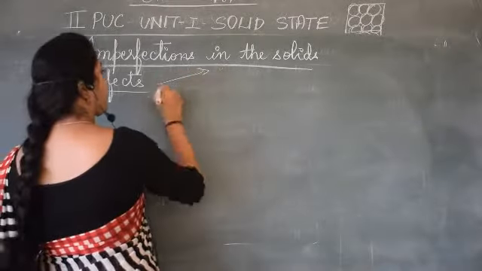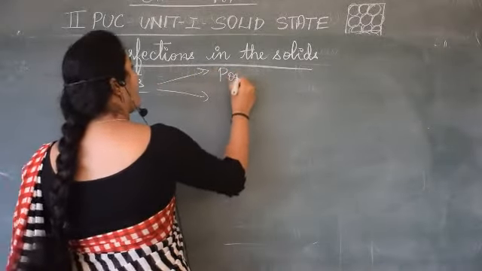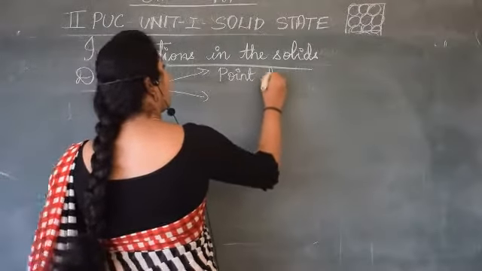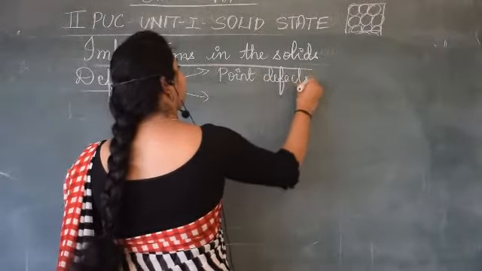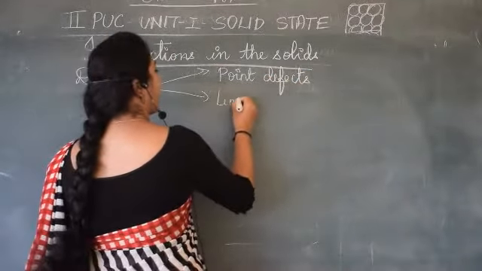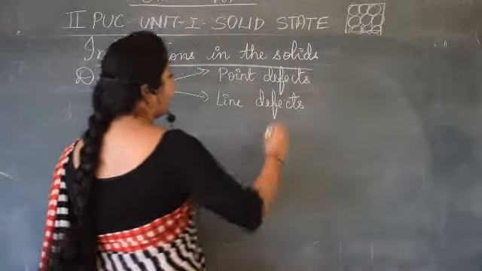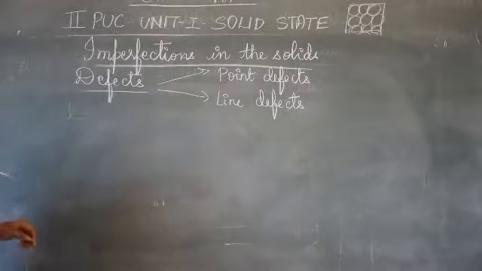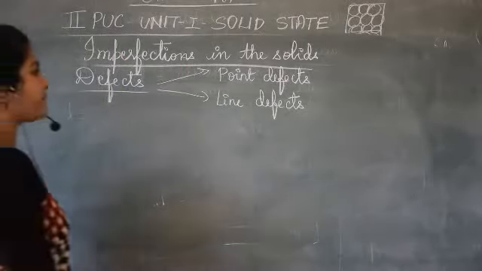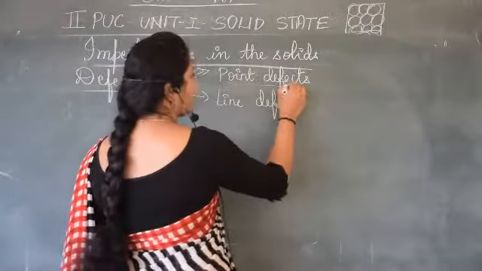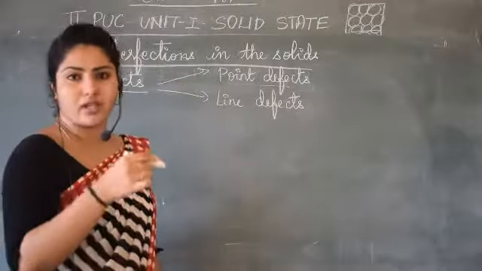2 types of defects are point defects and line defects. Do you know what are point defects? Point defects means the defect will be around a particular point.